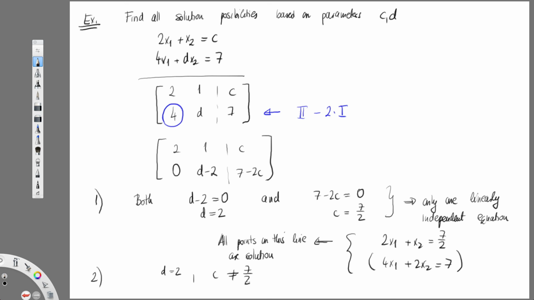This is the situation where I have 0 times x1 plus 0 times x2 is equal to something that is non-zero. Is that a possibility, my next victim? Indeed. So if d minus 2 is equal to 0, I have 0, 0 as coefficients, and on the right-hand side I have something non-zero. Then I don't have a solution. So this is a situation when there is no solution.